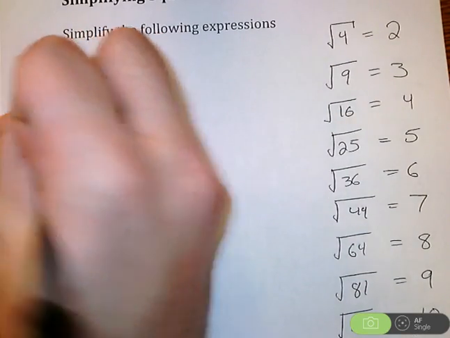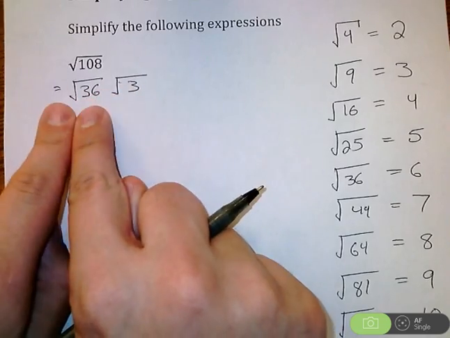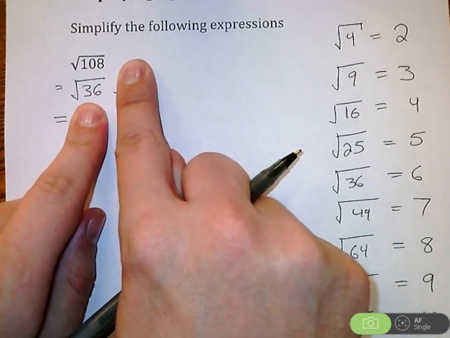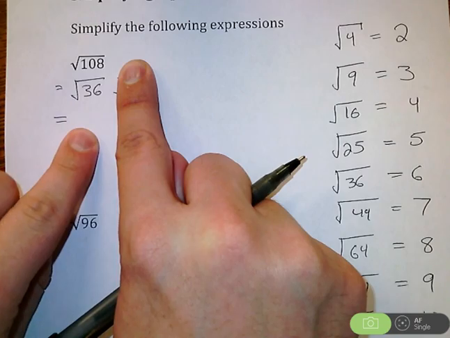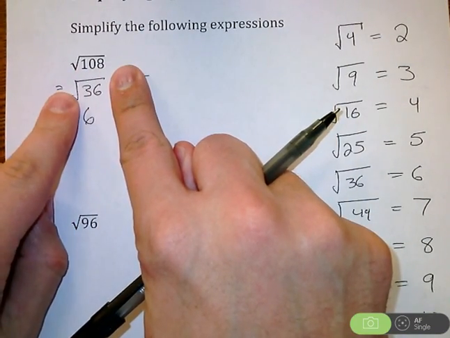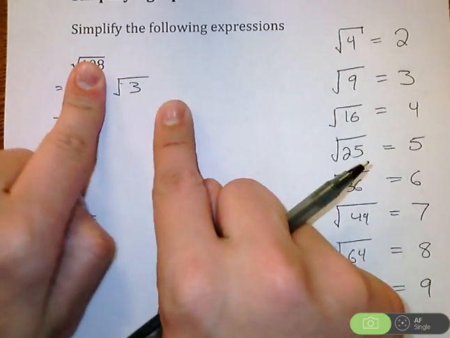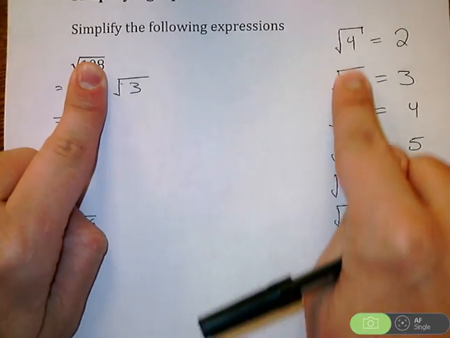As my next step, let's see if we can simplify any of these individual square roots. Over here on the left, I have the square root of 36. And hopefully you know the square root of 36 is actually 6. So right below this I'm going to put 6. Then we can focus on the other piece, the square root of 3. When I look at this list, I do not have the square root of 3.